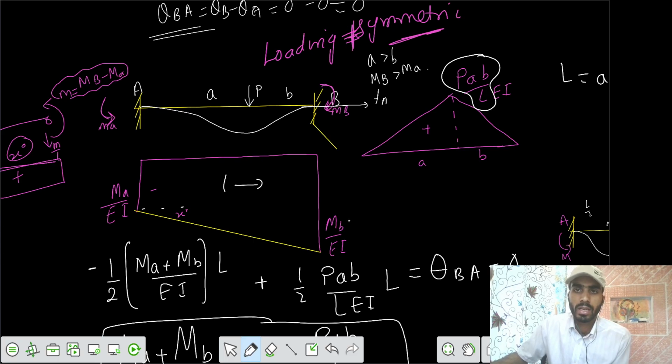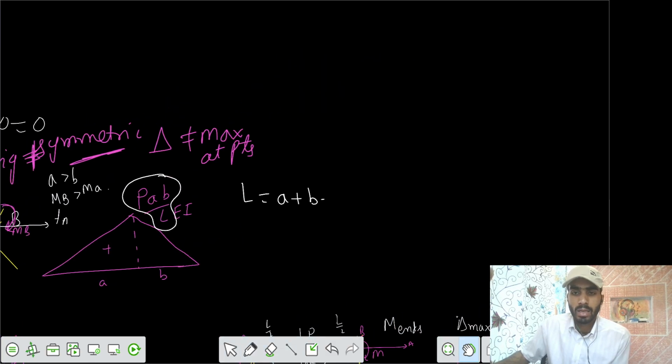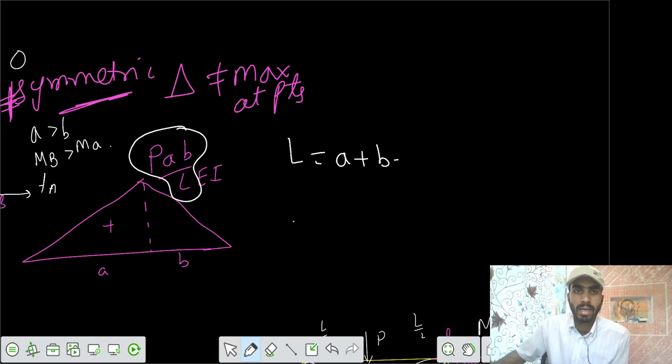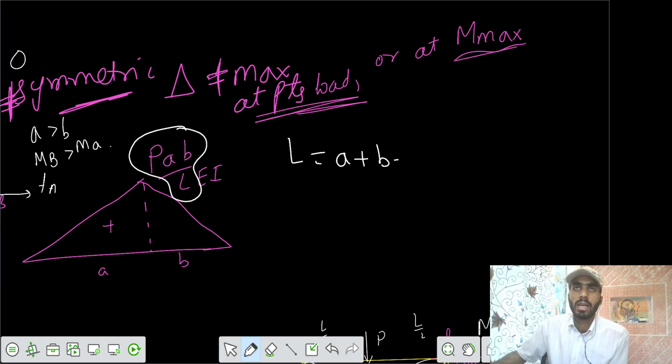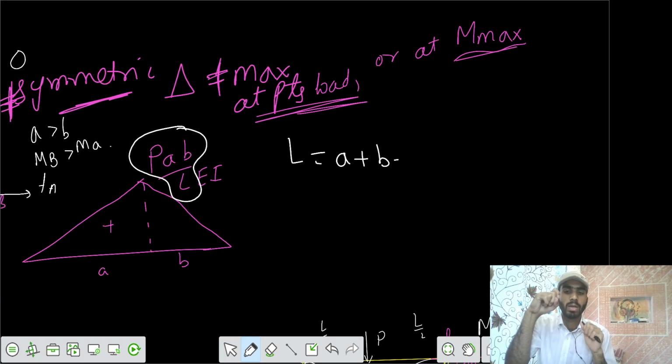So if the loading is not symmetric, delta cannot be assumed maximum at the point load. This is an important statement: if the loading is not symmetric, we can't directly say that delta is maximum at the point where the point load is acting, or where the bending moment is maximum.